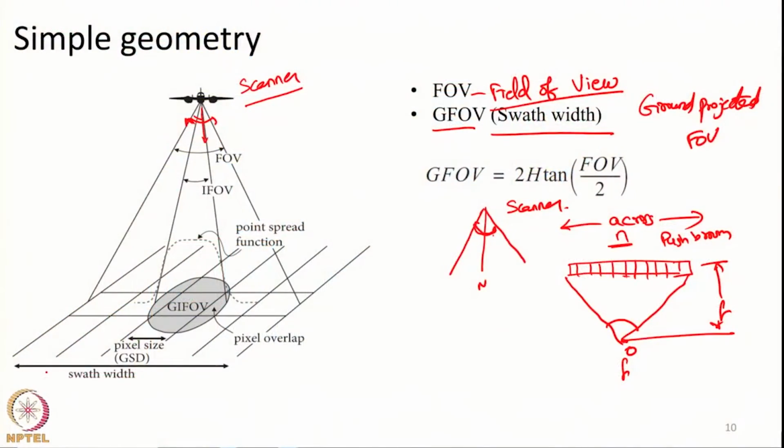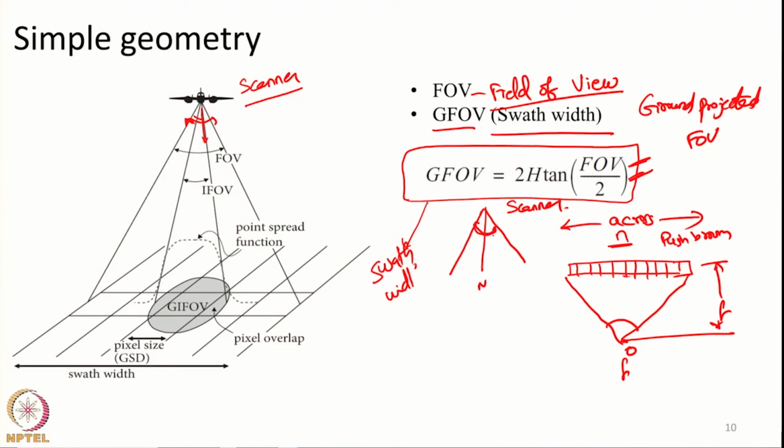The swath width is given by this formula: GFOV is equal to 2h tan(FOV/2), very similar to IFOV. The geometry is one and the same, we can always relate it to the IFOV geometry, and it is very easy to derive. This equation will tell you how to calculate the swath width of the sensor.